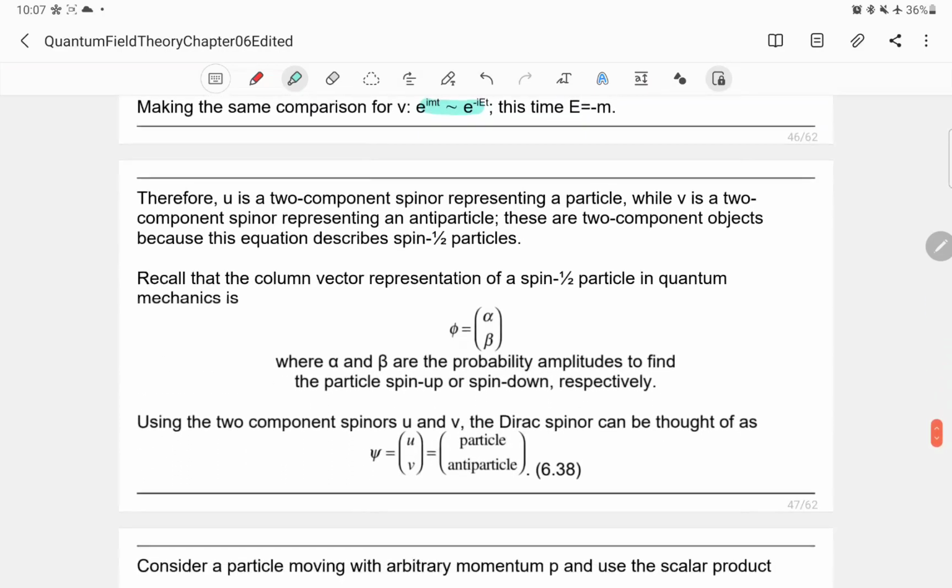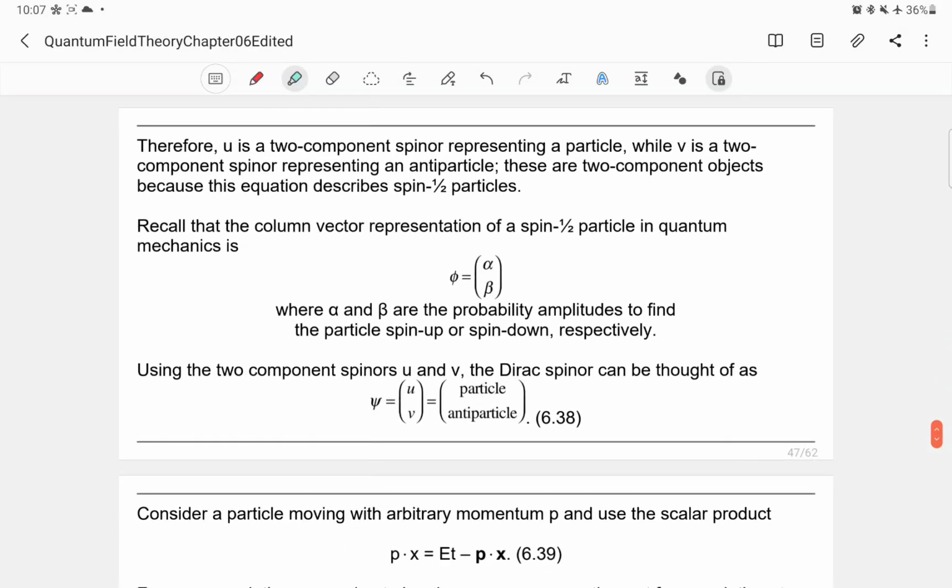Therefore, u is a two-component spinor representing a particle, while v is a two-component spinor representing an antiparticle. These are two-component objects because this equation describes spin one-half particles.